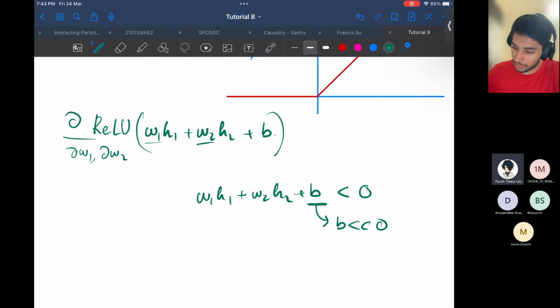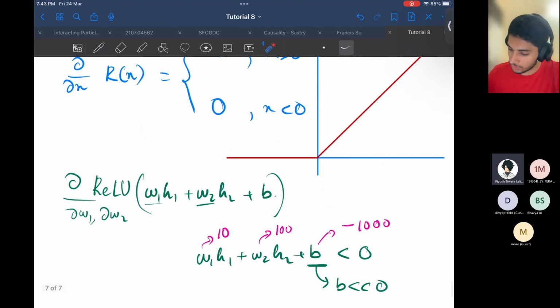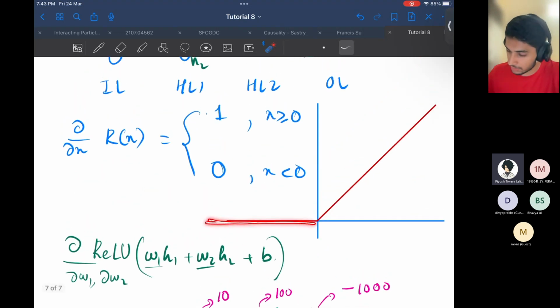For argument's sake, let's say this is equal to some quantity 10, this is equal to some quantity, let's say 100, and B is minus 1000. If I add these things, it is always less than 0. So whatever the value will be, it will always be less than 0, and when I apply ReLU to it, this will become 0.